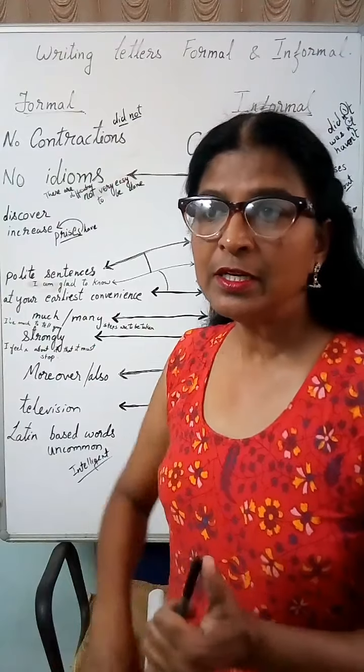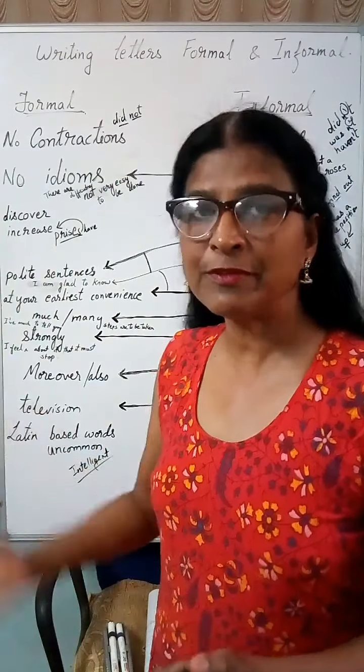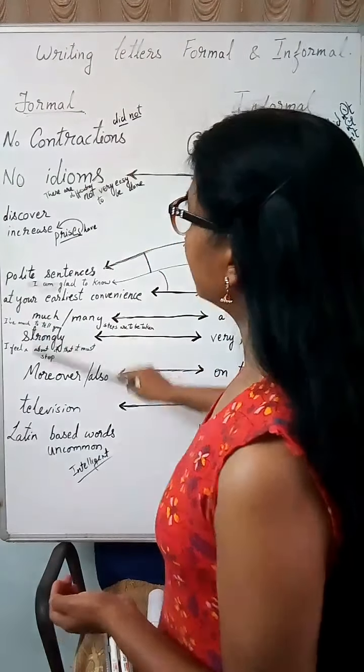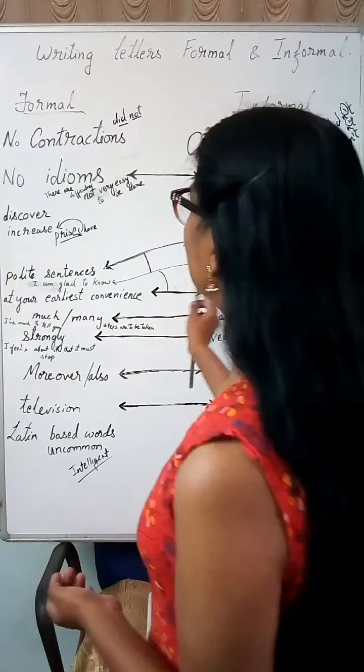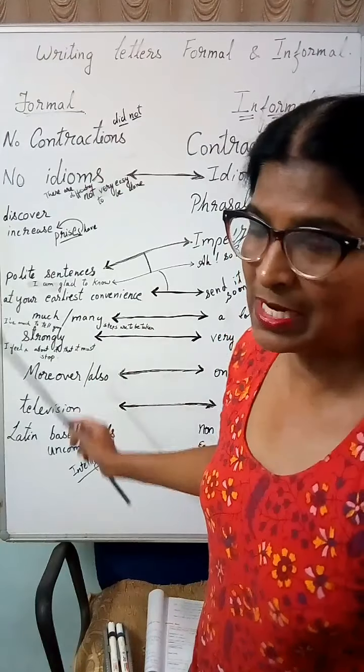You cannot be very friendly to your boss, so we don't use friendly language with them. These are the differences that I am going to show today, and according to that you are going to learn about formal and informal letters.